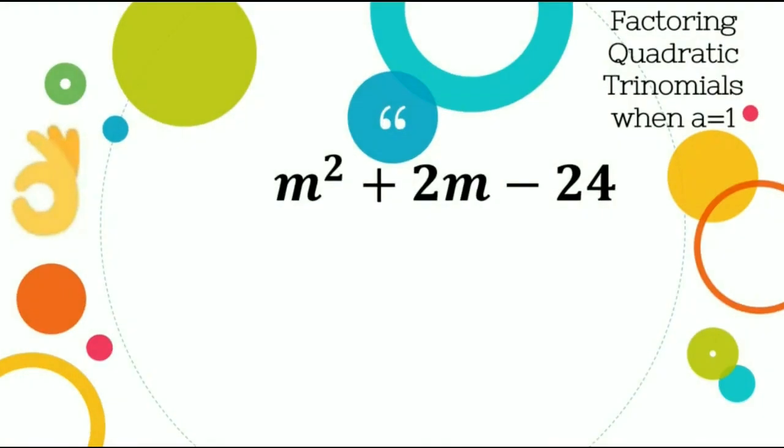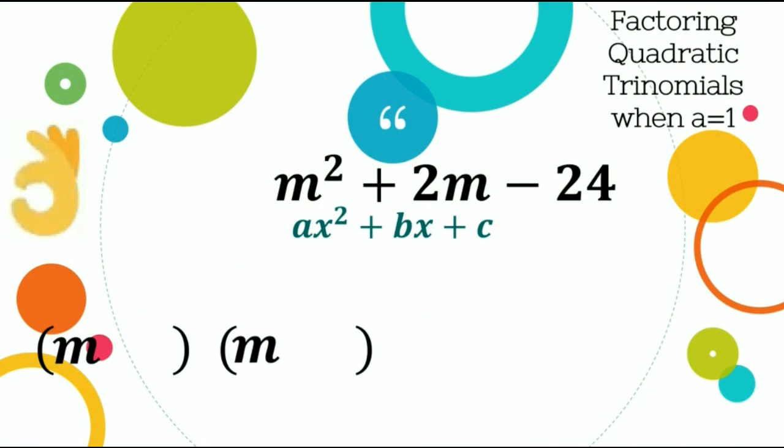Next, let us have m squared plus 2m minus 24. Check for the GCF and if the given is written in standard form. Let us now factor the first term. Factors of m squared, m times m.